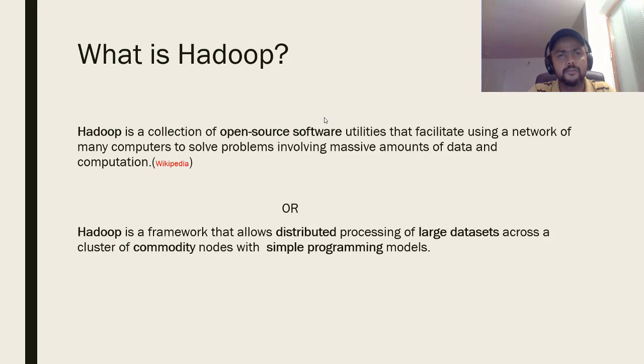So if you have a problem space where you have a lot of data and you require a lot of computation, and you want to execute that job in a parallel manner, then Hadoop is something which can be utilized for that purpose.